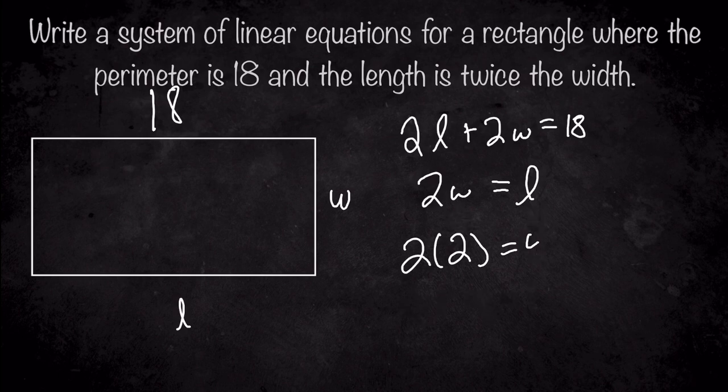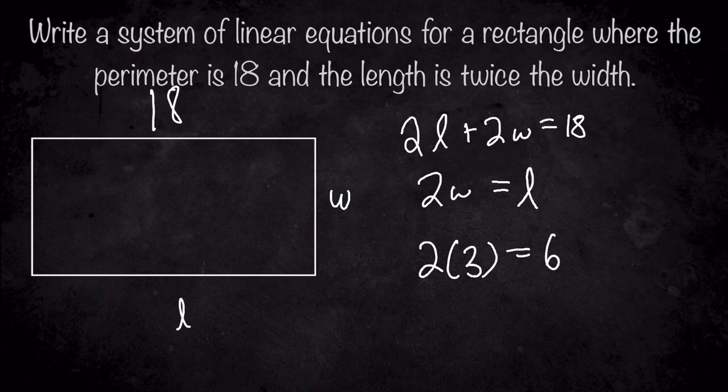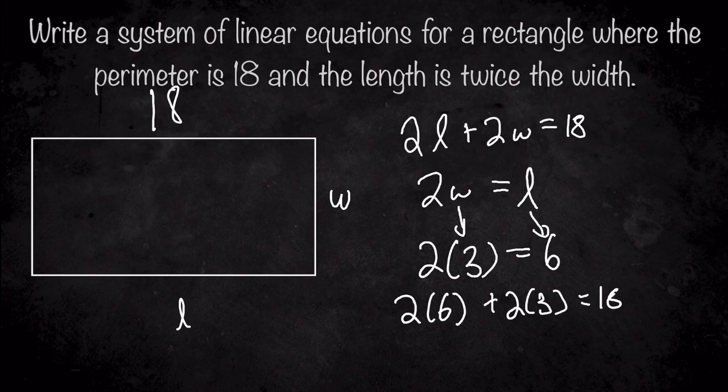So they both may have infinite solutions, but there's only one solution for both of these. So 2 times 3 equals 6, this being the length and this being the width. Now this would work because 2 times 6 plus 2 times 3 equals 18. So the width is 3 and the length is 6.